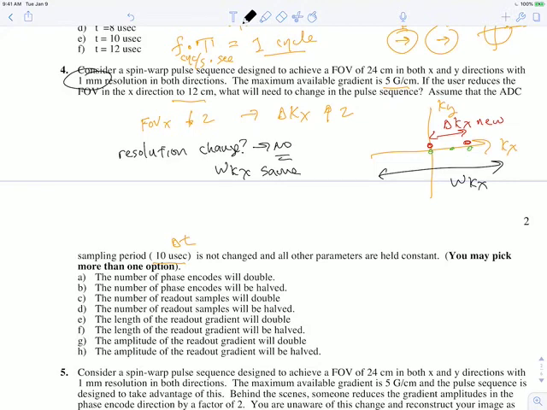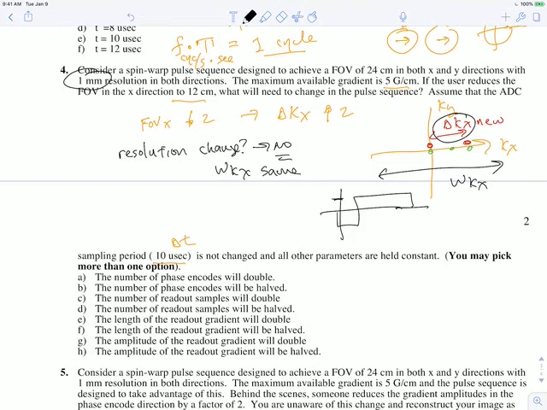Therefore, if I think about that readout gradient, it's got to be on. Let's say I use the maximum gradient. The kx max is the same, but the delta kx is different. So what does that say about how many readout samples I have? Has it gone up or gone down?